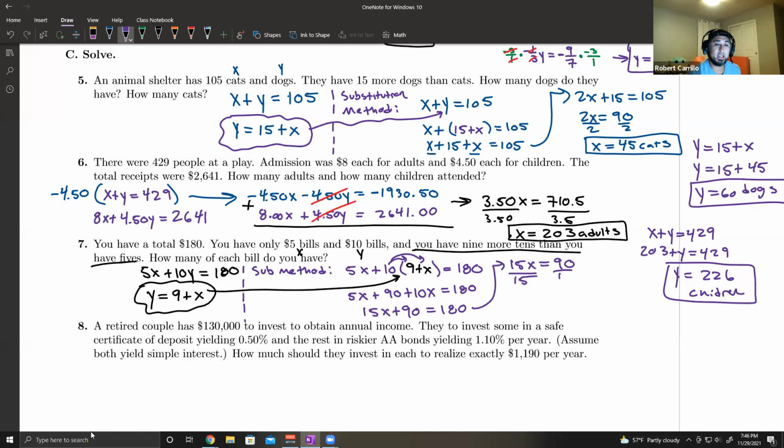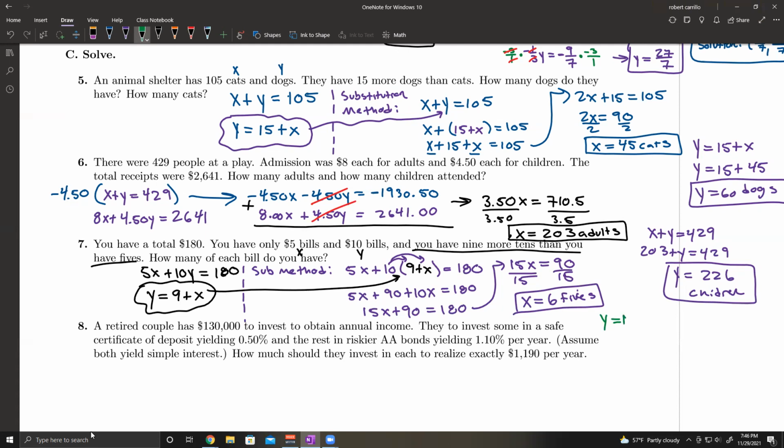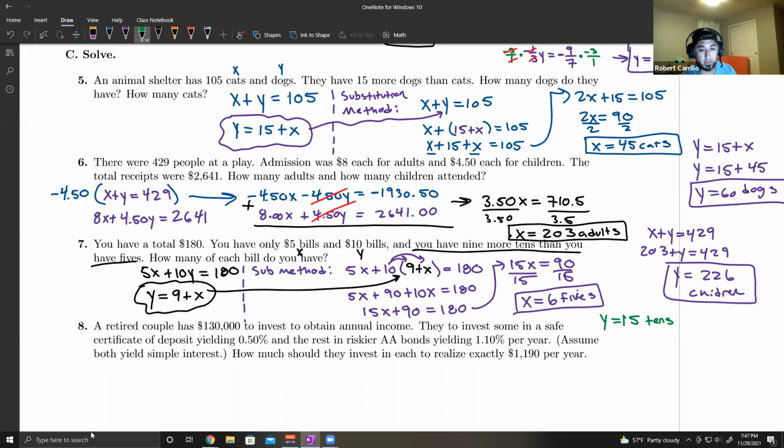Divide by 15, and how many $5 bills do we have? 6. So 6 $5 bills. That means how many $10 bills do we have? 15. 15 10s.